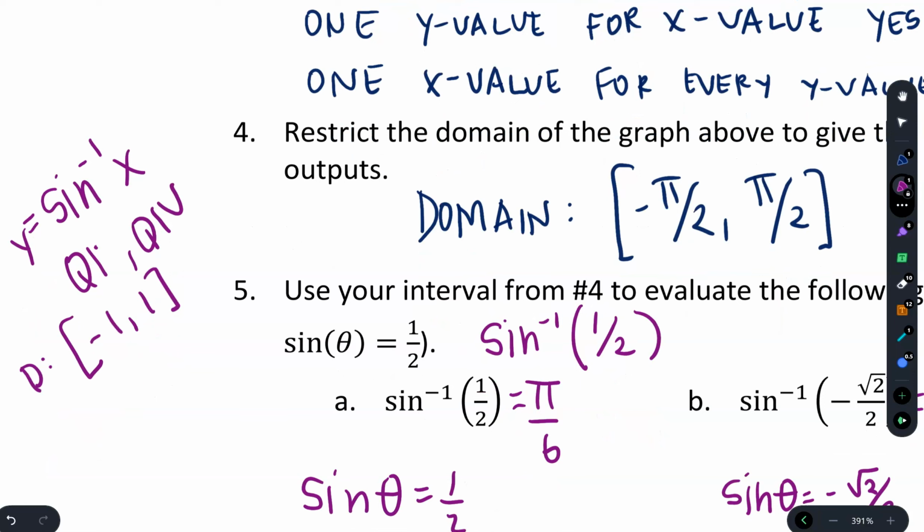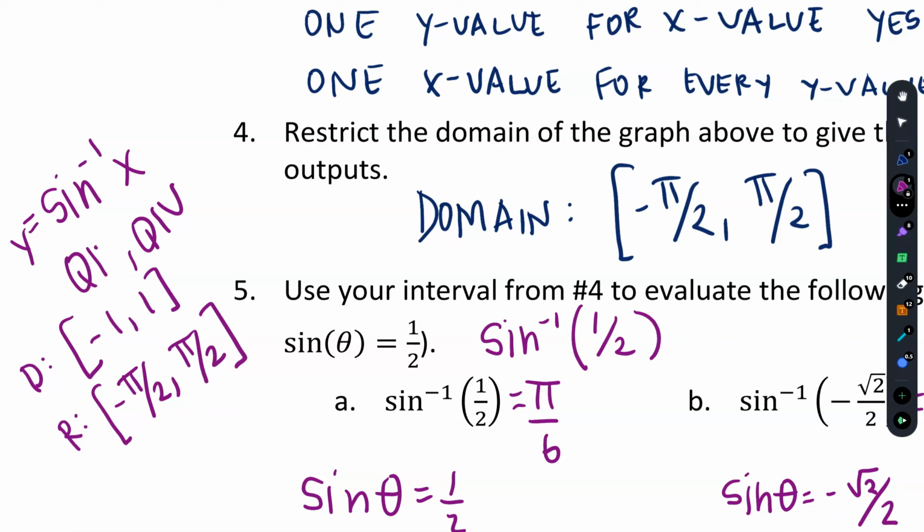And then my range is going to be the domain of my regular function, yes? So they're going to flip-flop. So what is the range of inverse sine then going to be? It's going to look a little crazy. It's going to be -π/2 to π/2, because I restricted it, right? I restricted it to make it a 1-to-1 function. Good deal?